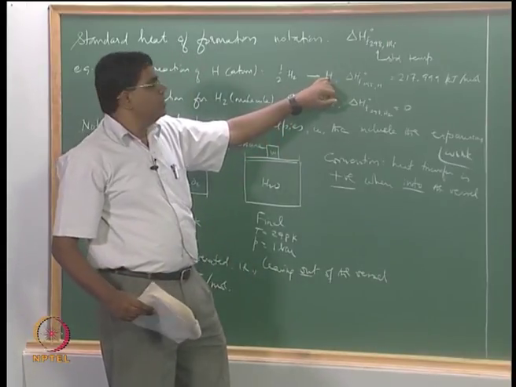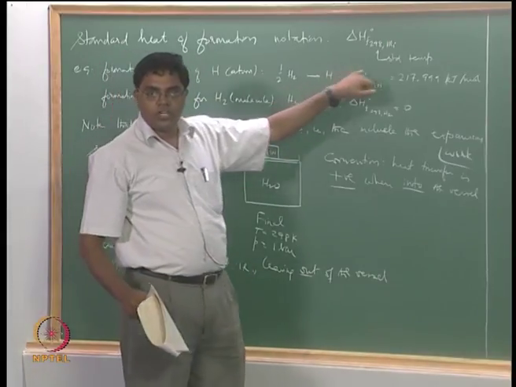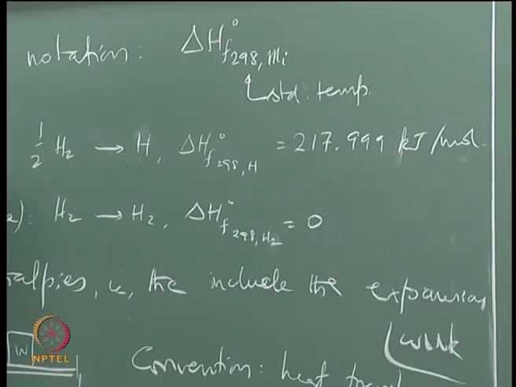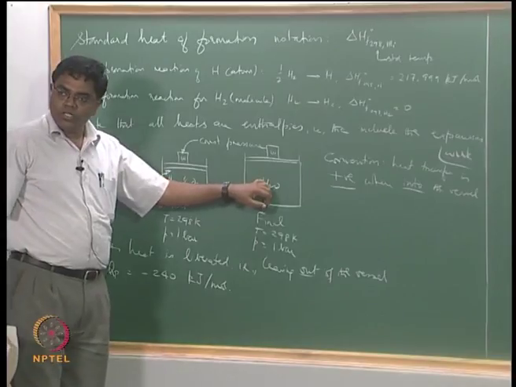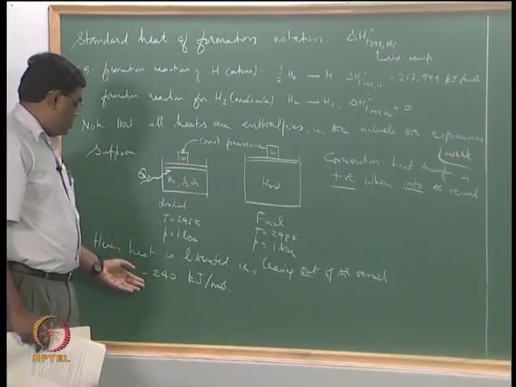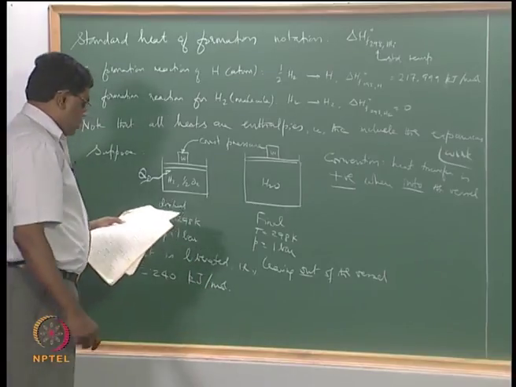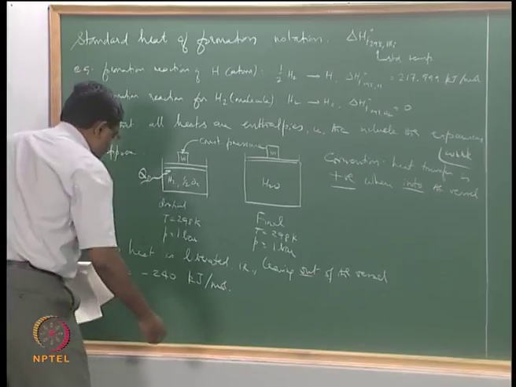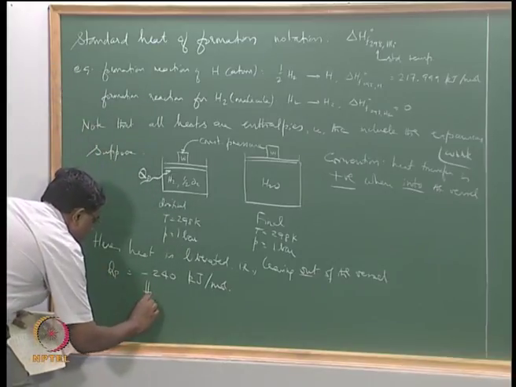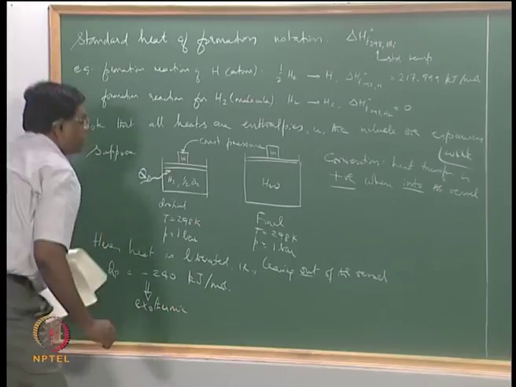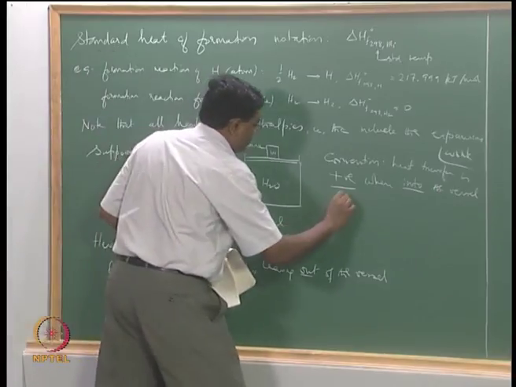So in this case it is 1 mole of atomic hydrogen that is formed incurring 217.999 kilojoules. Here we are looking at 1 mole of water that is formed liberating 240 kilojoules per mole. So negative means exothermic, positive means endothermic.